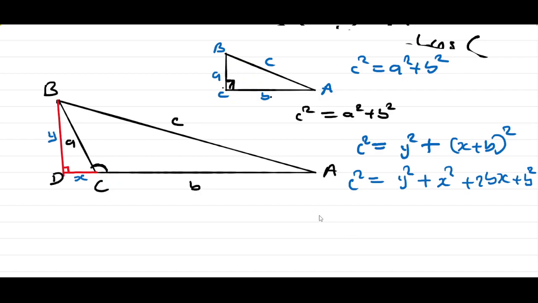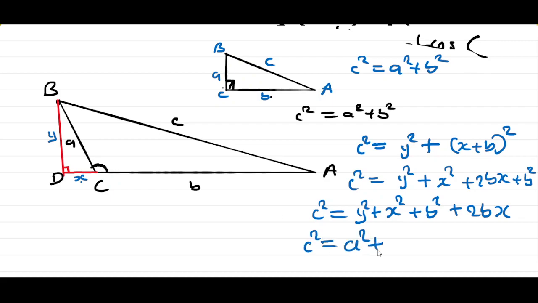Now I will just put it as C squared equals Y squared plus X squared plus B squared, now plus 2bx. Now let us remember that X squared plus Y squared, by the Pythagoras theorem, equals A squared. So here C squared is A squared plus B squared, now plus 2bx.